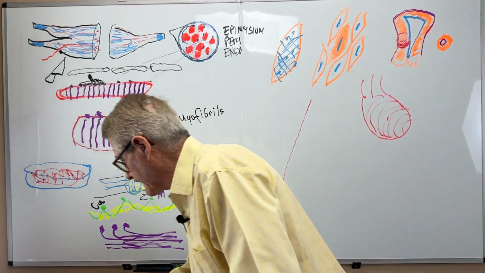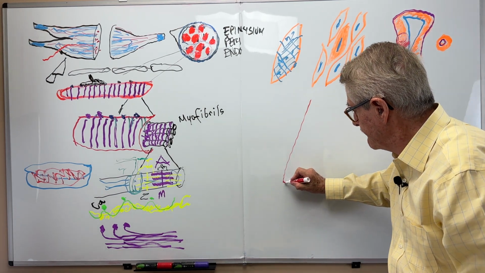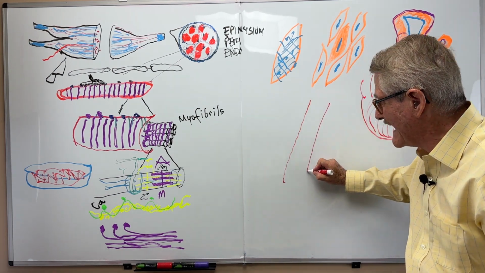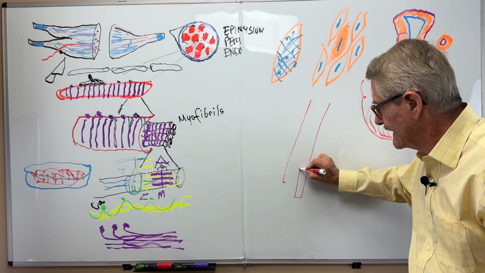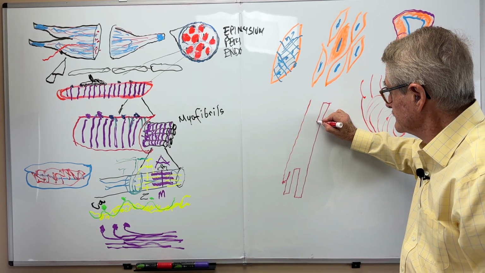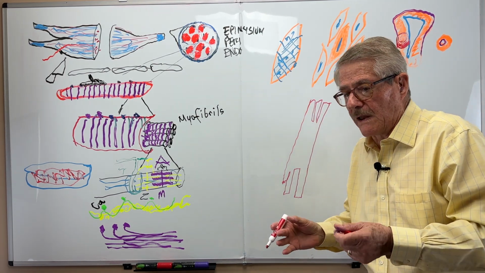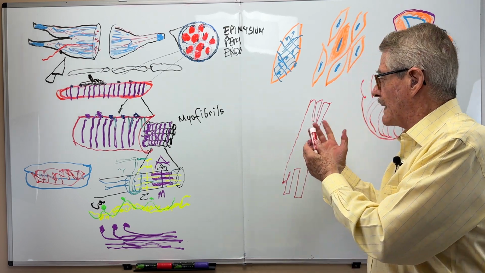I'm going to change the marker because this one is probably better. Cylindrical, except for the fact that at the end they branch. In other words, they are cylindrical but branched.